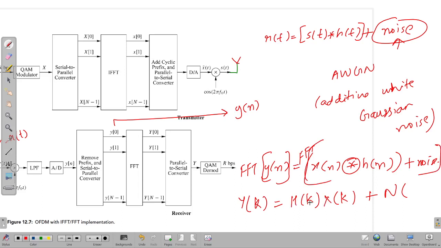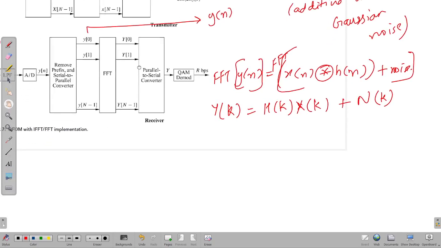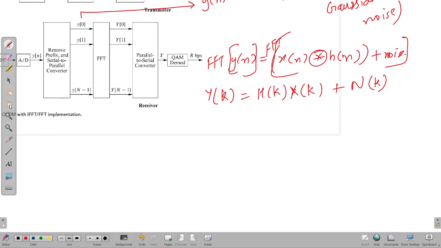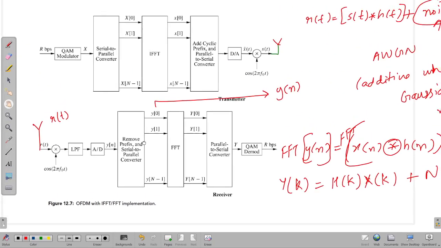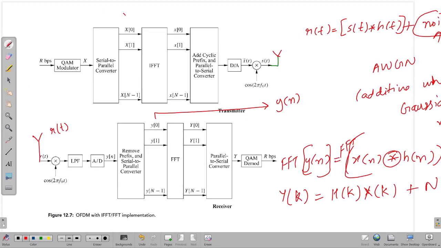So this is y of k equals h of k into x of k plus the FFT of noise, the frequency domain of noise, so you have plus N of k. You started with these modulated symbols x of k, and you ended up here where y of k is equal to h of k into x of k plus N of k.